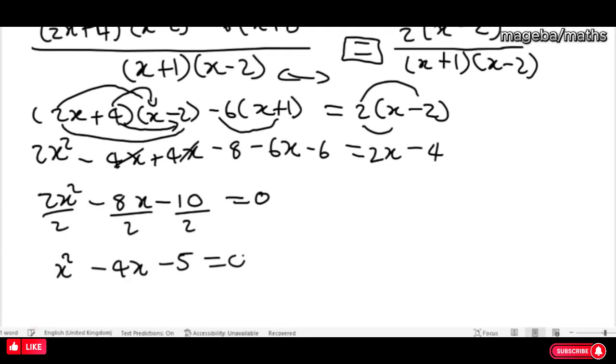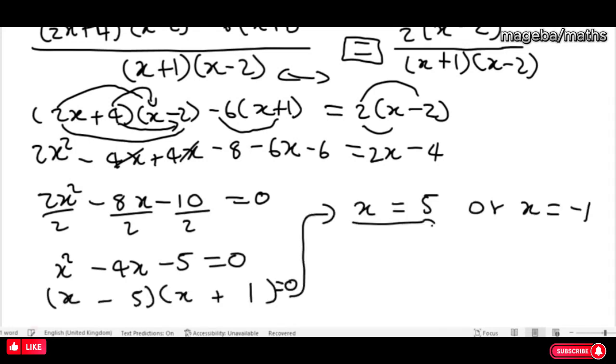From here, I can factorize, finding the factors of x squared, which is just x and x, the factors of 5 is going to be 5 and 1, that's going to give me what? Negative 4. Then this 5 is going to be negative, and then this 1 is going to be positive. And then from here I can say, remember, this is equals to 0, and then x is going to be positive 5, or for x it's going to be a negative 1. So this is how we are going to solve this equation.